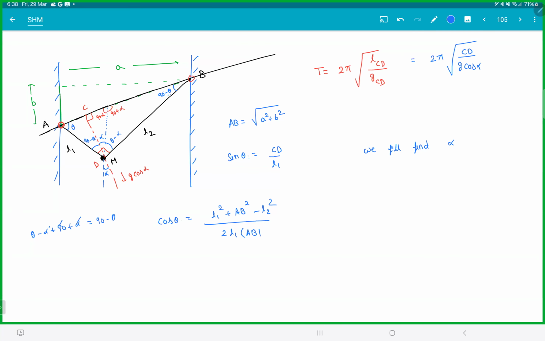Alpha will cancel, 90 will cancel. I proved theta is equal to minus theta. I got theta 0, wow. I did something else. Total should be 180 now. Alpha will cancel, 90 will cancel. Yes, I proved theta is equal to theta and 1 is equal to 1. Hence proved. I'm a mathematical genius. So that is of no use.